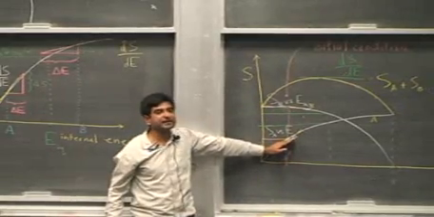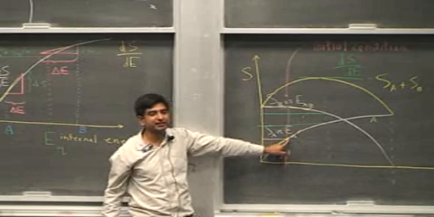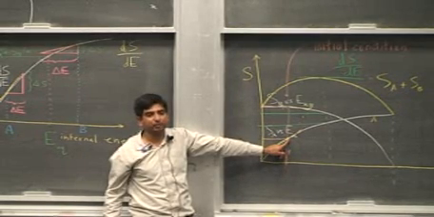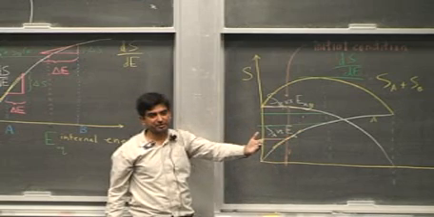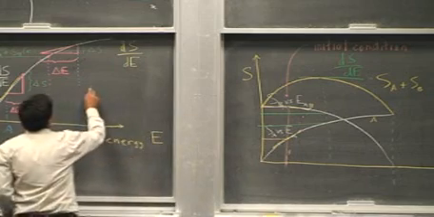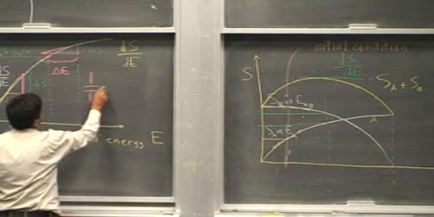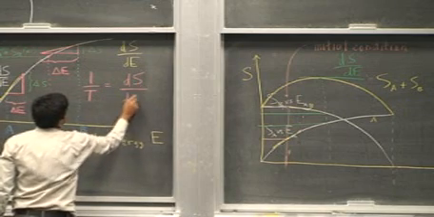Now which of these slopes is higher? This slope is higher. But what about the temperature? Is it higher or smaller here? Smaller. So the slope is inversely related to the temperature. And we have this condition: 1 over T equals dS over dE.